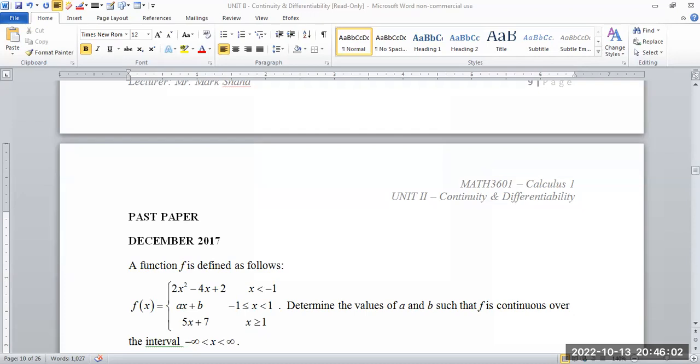Because I'm asking, how do we investigate that x equals 1? And my good student says, okay, to the right of 1, sir, we're using the function 5x plus 7. If x equals 1, it's going to be 5 times 1 is 5, and 5 plus 7 equals 12.